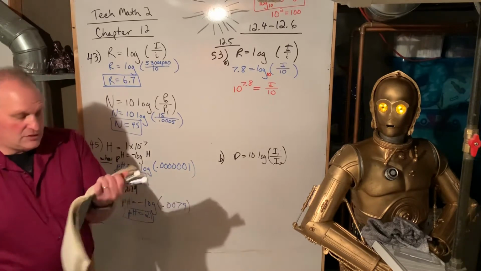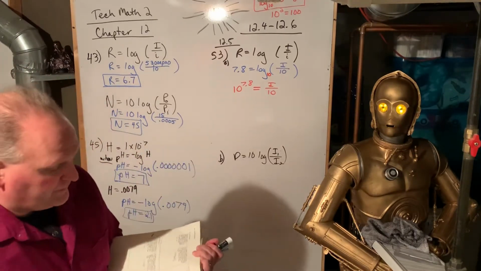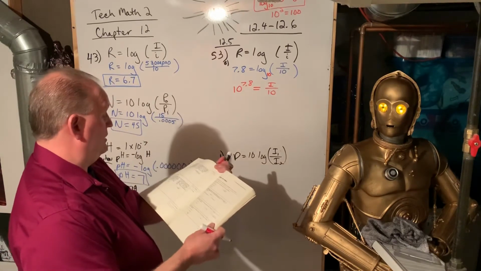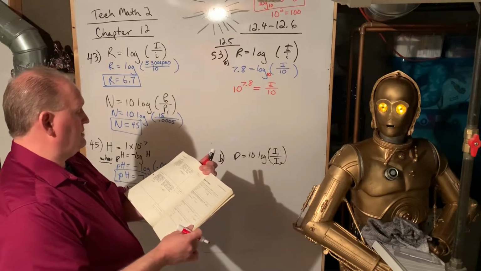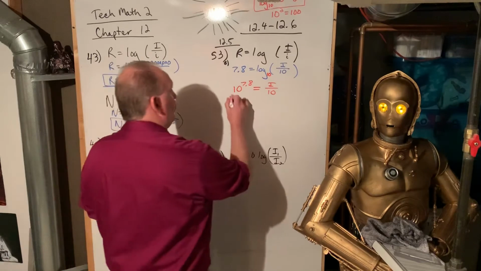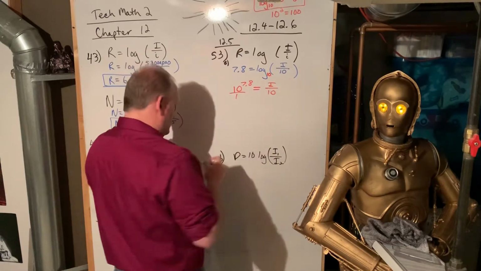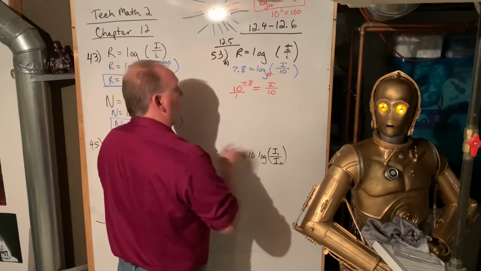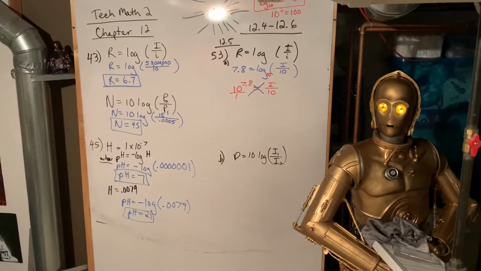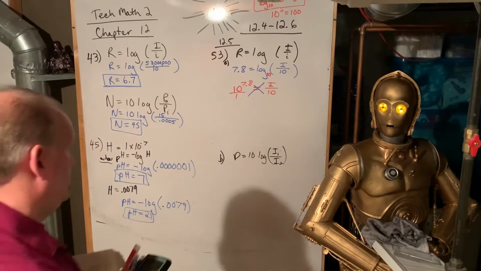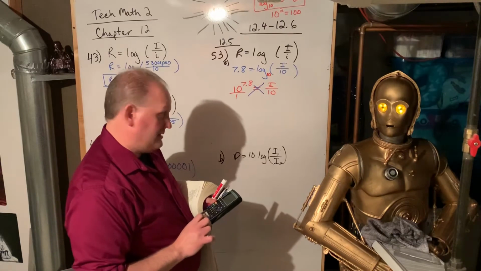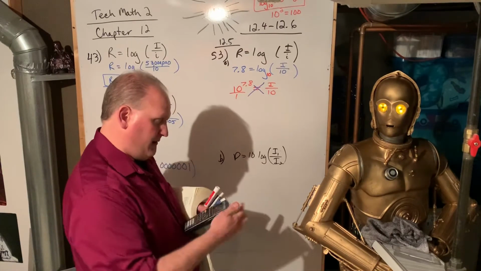And then now we just use our sweet algebra skills. We cross multiply and solve that. Round to 2 significant digits. Okay, so we're going to cross multiply and solve. So let's do that in our calculator. We got 10 to the 7.8 power, and then times 10 again.